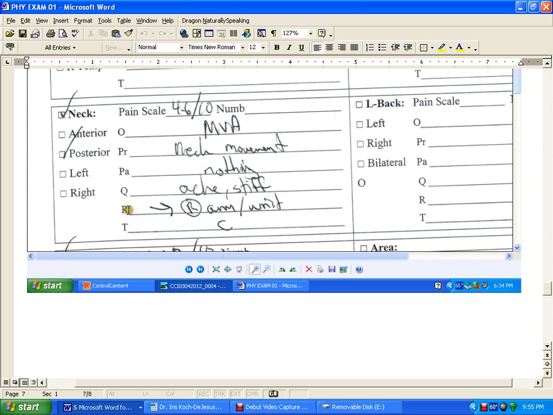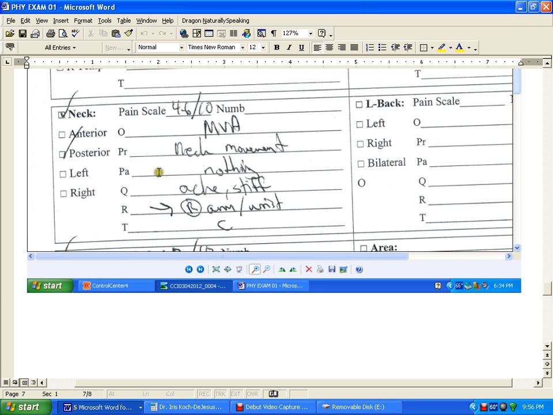And the R is going to be radiating. Radiating into the right arm / wrist.